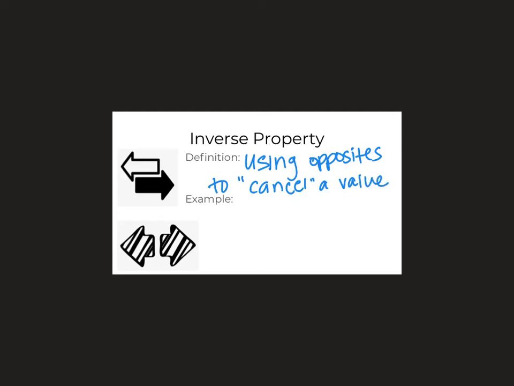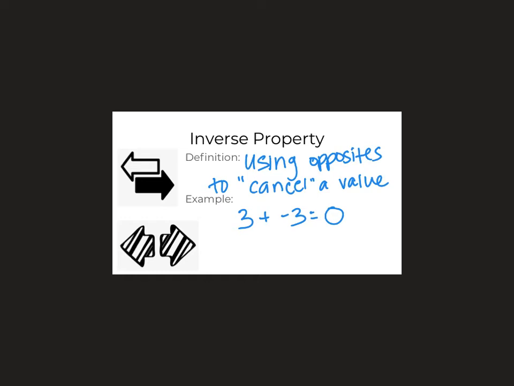Now these are a little different for multiplication and for addition. So first we will start with addition. So for example, if we do 3 plus negative 3, we're going to get 0. That's how we kind of get rid of that 3, so to speak, or cancel it.